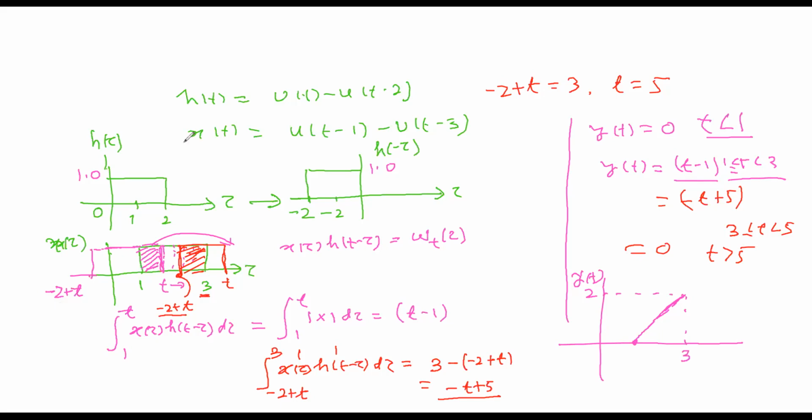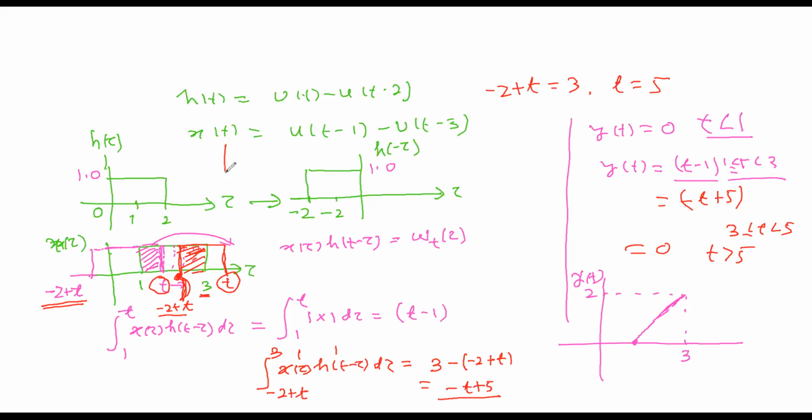You see that your shifted impulse has this trailing point, and this is your leading point, isn't it? So when it is going to the red position, then your t is coming here, and minus 2 plus t is coming in this position. Then from where to where do you have to integrate? Over the overlap region, isn't it?